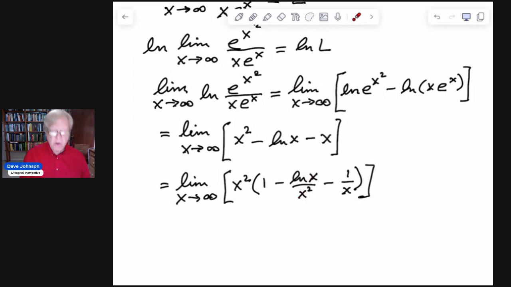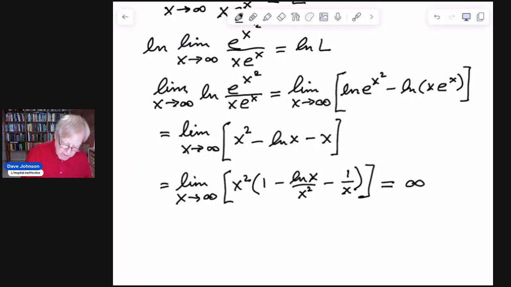So the numerator is small compared to the denominator, and that difference just gets bigger and bigger as x gets bigger. So what you end up with is infinity times 1, which is infinity. So on the right-hand side here, you're going to get infinity.